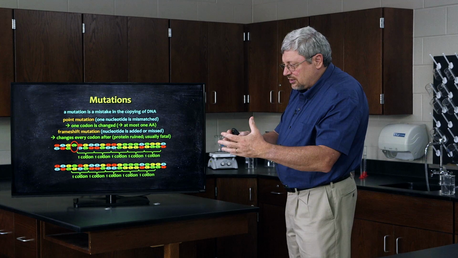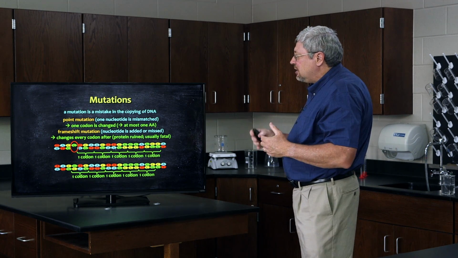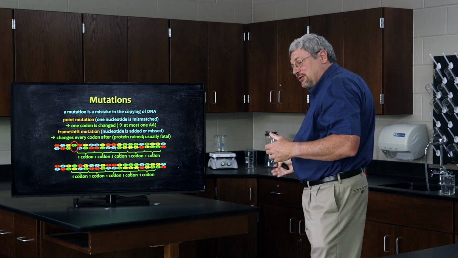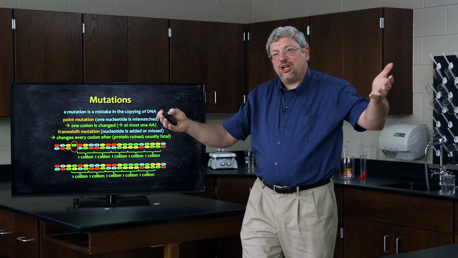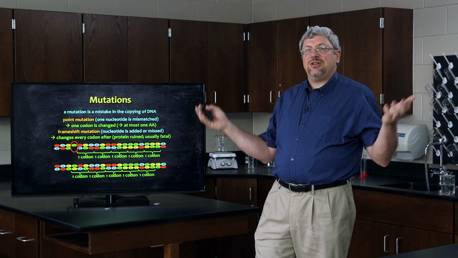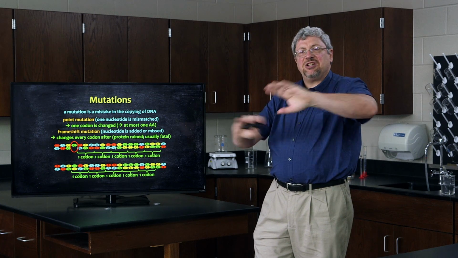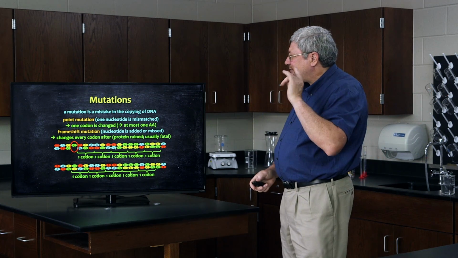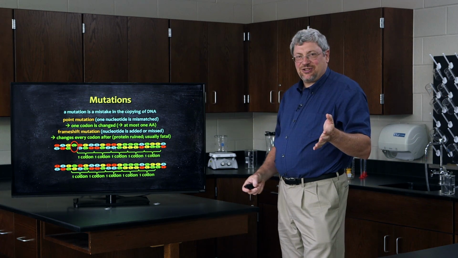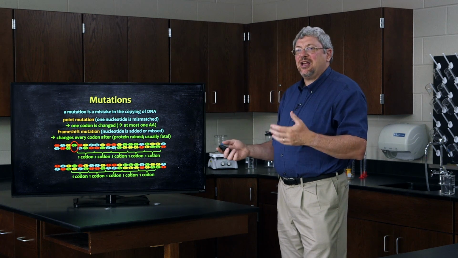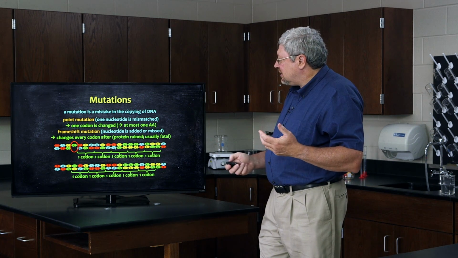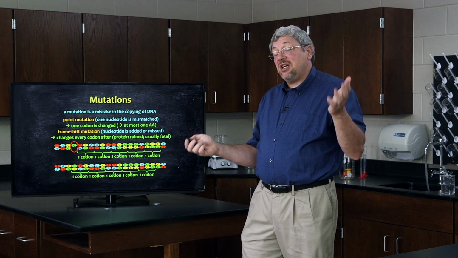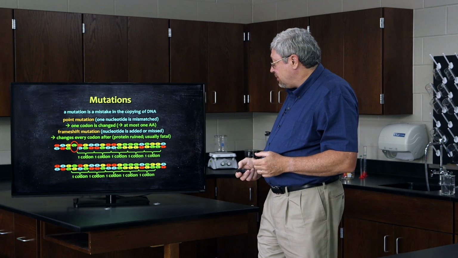It actually shifts over the reading frame and changes every single codon from there on out, which means it'll change every single amino acid in a protein and make the protein completely useless. So a frameshift mutation is a very serious change in a protein sequence. It usually is completely destructive of the protein, and many times it will in fact kill the organism.